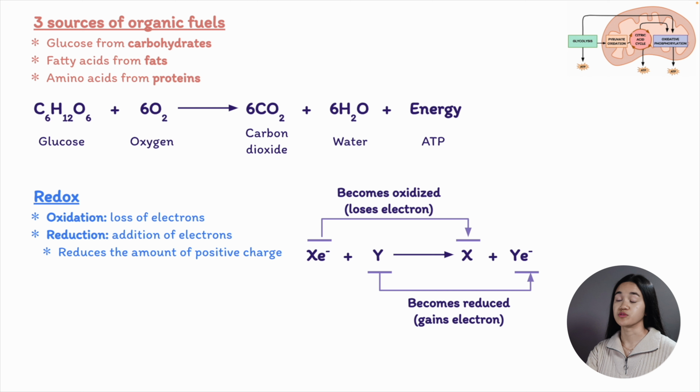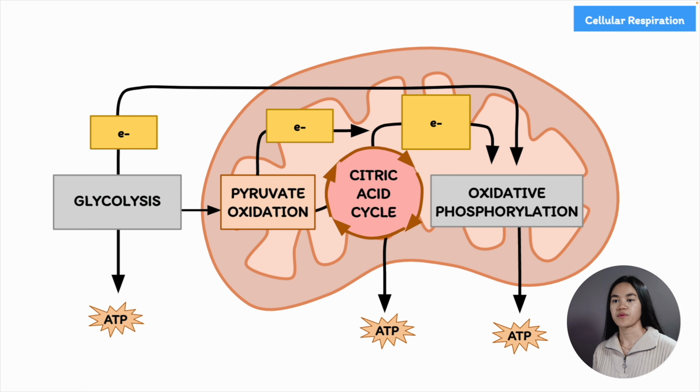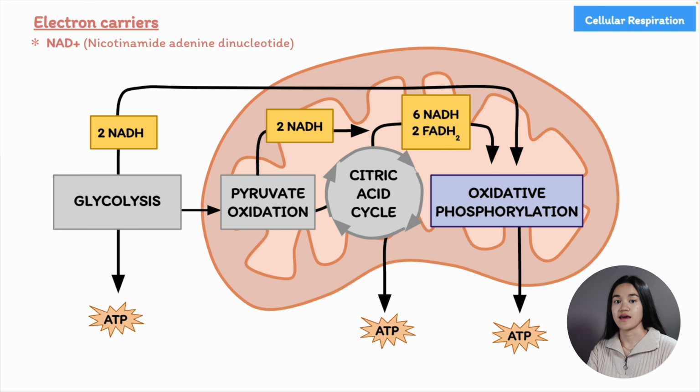Cellular respiration is broken down in a series of steps. We can divide it into three metabolic stages: glycolysis, pyruvate oxidation and the citric acid cycle, and oxidative phosphorylation, which includes the electron transport chain and chemiosmosis. Electrons are being removed from the glucose and are stored in the electron carriers NAD+ and FAD.